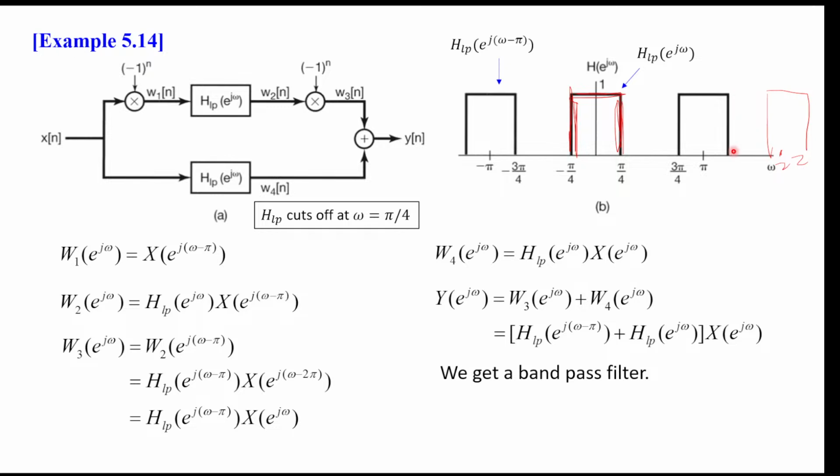That is the low pass filter shifted by pi, and the lower branch is your signal going through a low pass filter. And so the end result of this total system is you have a low pass filter added together with the high pass filter, and then you get a band pass filter. So you'll pass through things that are very low frequency or very high frequency. Okay, that's an example of the convolution property.